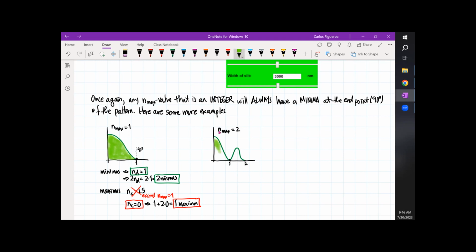So when I look at my pattern, now I could talk about the minimas and maximas. In this situation, the minimas have ND equal to 2, which tells me I'm going to have 2ND, which is 2 times 2. So I'm going to have 4 minimas, because that's what Nmax is telling me.